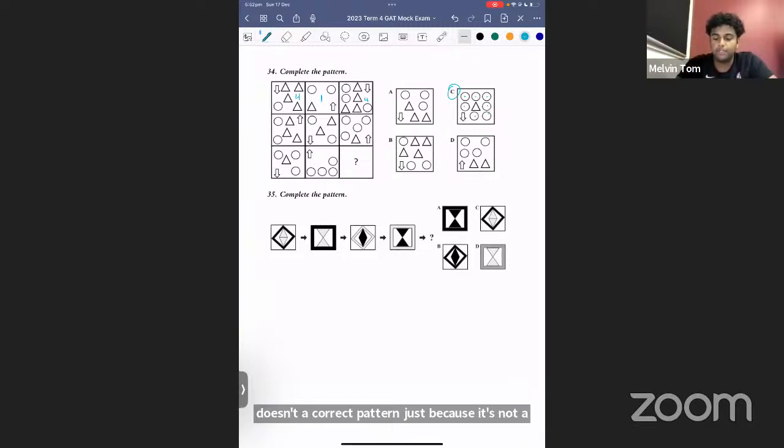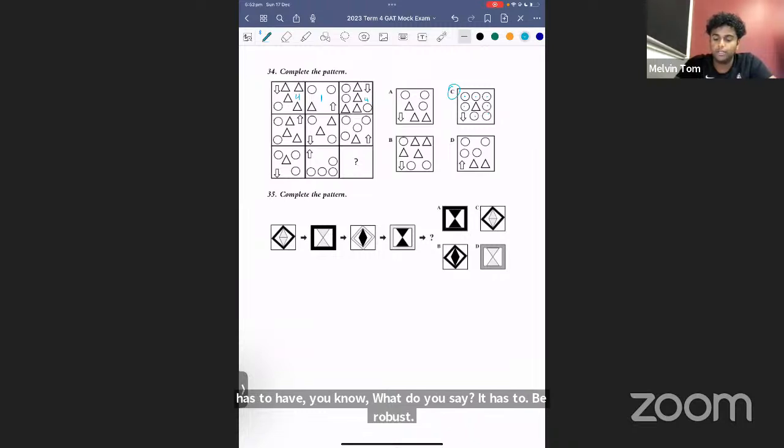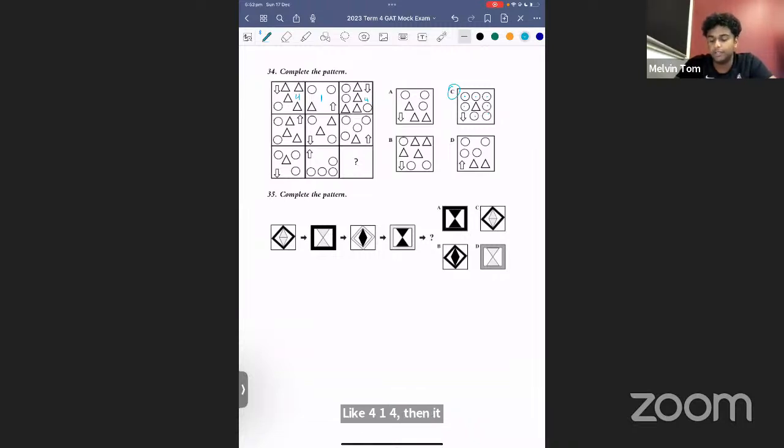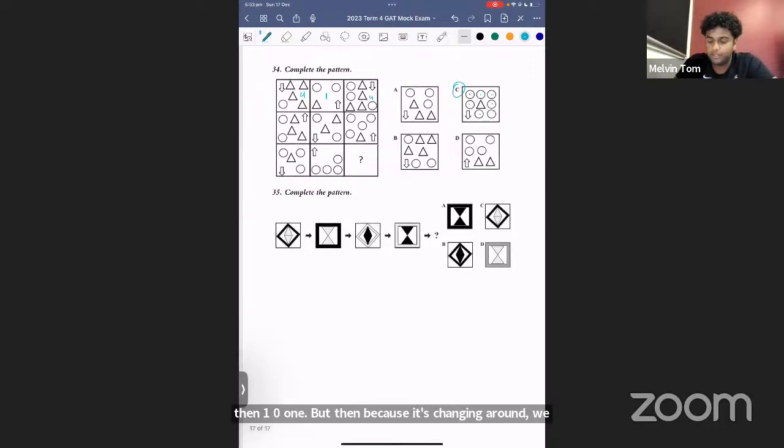It has to be robust. Like 414, then it should have been 313 or then 101. But because it's changing around, we can't accept that. I mean, so C.